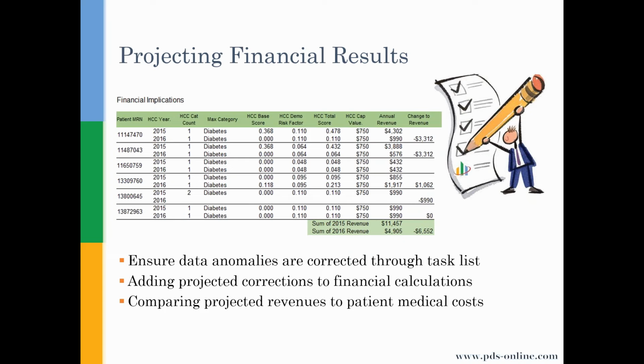What I've done is applied a dollar factor, $750, to that HCC score to show the physician how Medicare or a commercial insurer develops what they're going to pay for the care for that patient. And you can see that right now, without that HCC score in 2016, there's $3,300 less funds available to care for that patient.